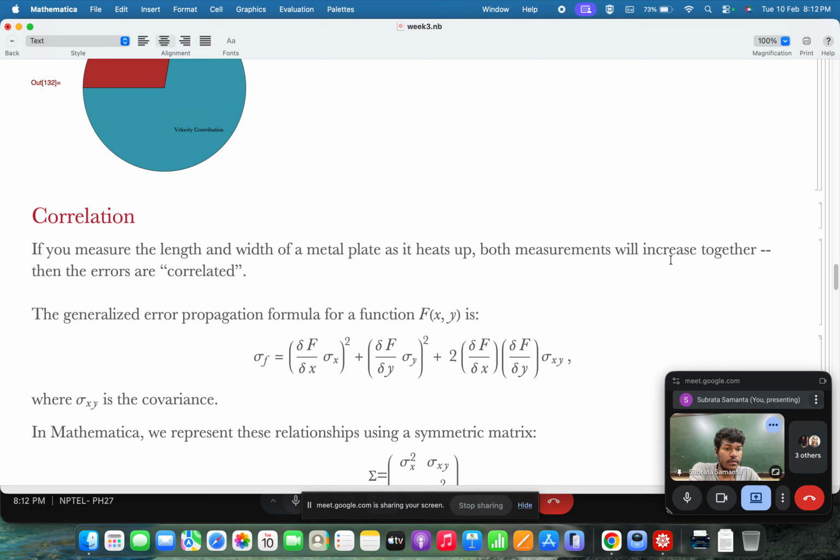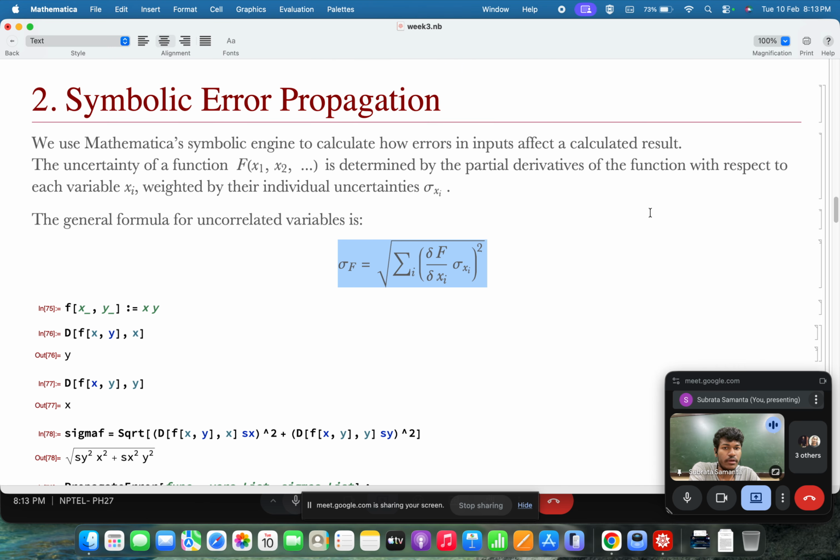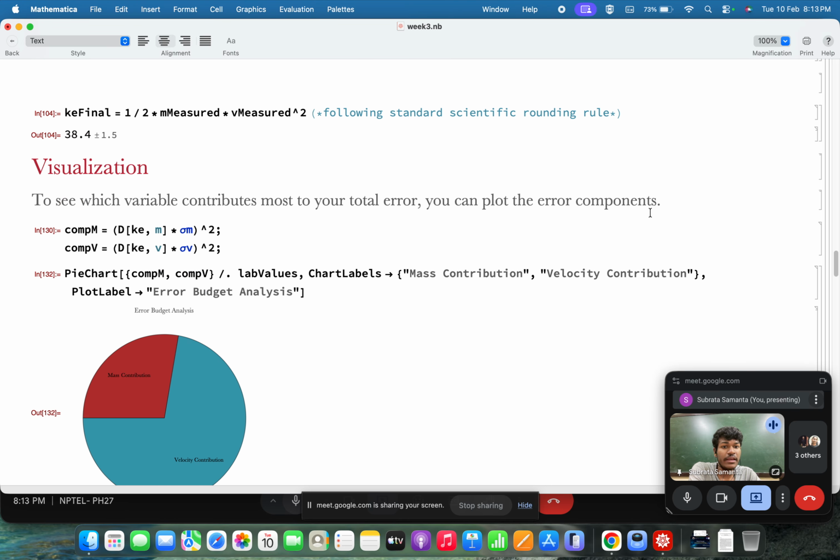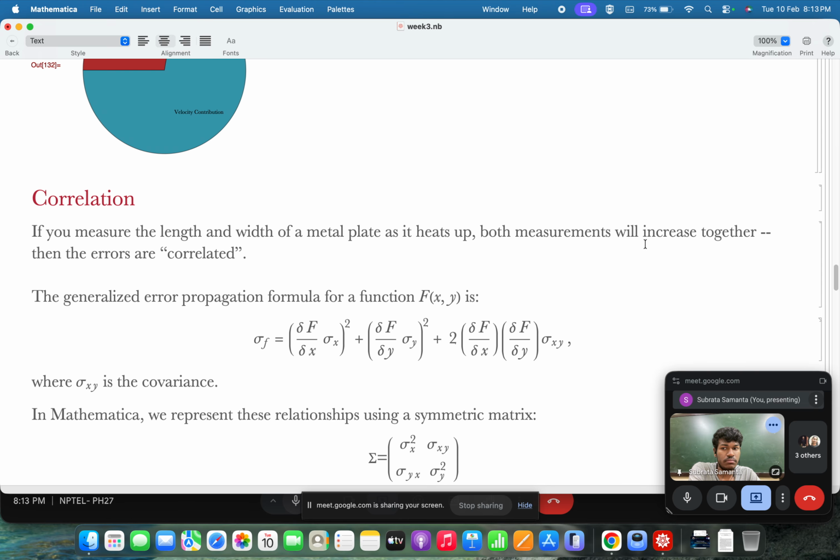So you cannot say that I individually measure length and width and calculate the error and sum up, the way you calculated previously. This is not correct, because when you heat up they are related, and therefore their errors are also correlated. So you cannot ignore the correlations.